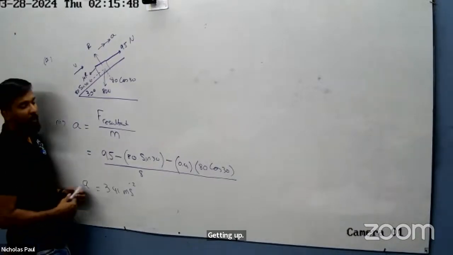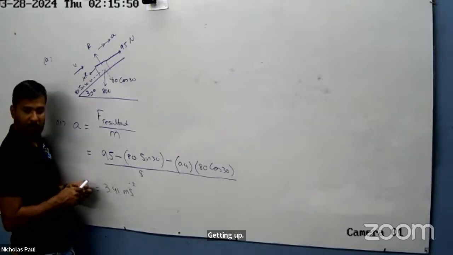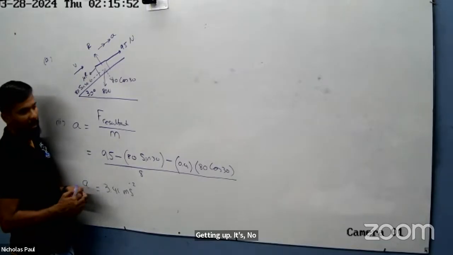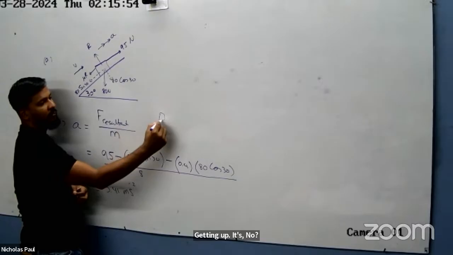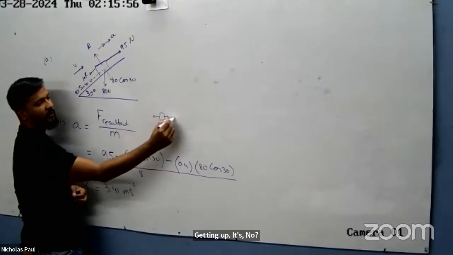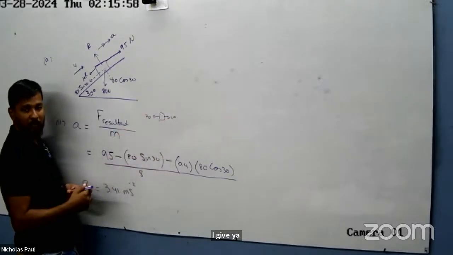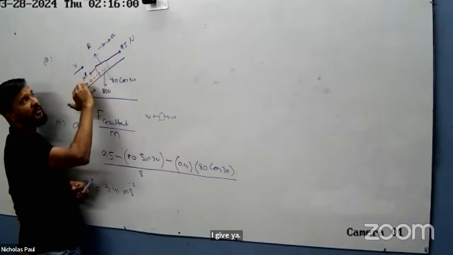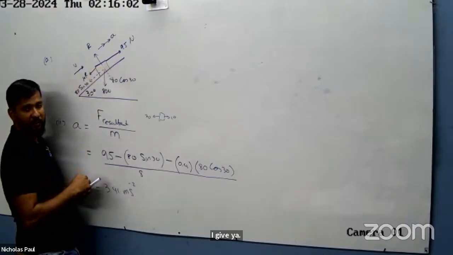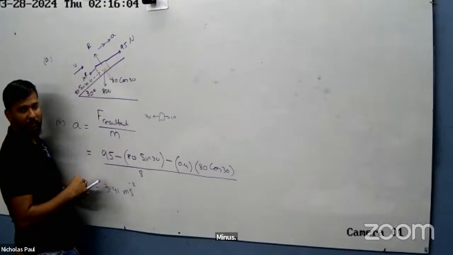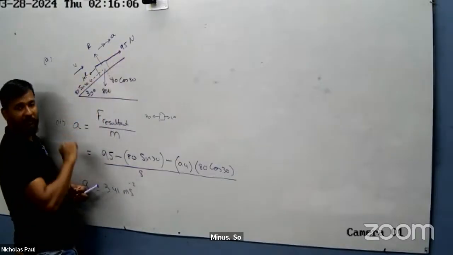Highest time is resultant force. I give you an object. Minus 7. So it'll be this minus this.